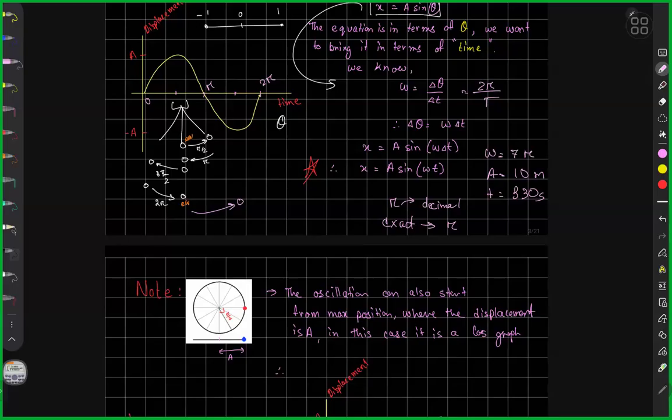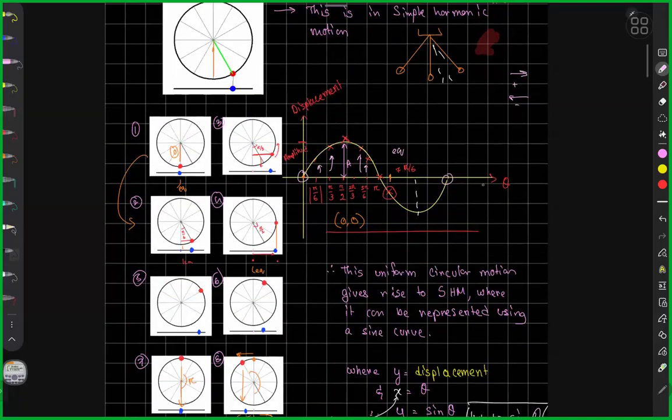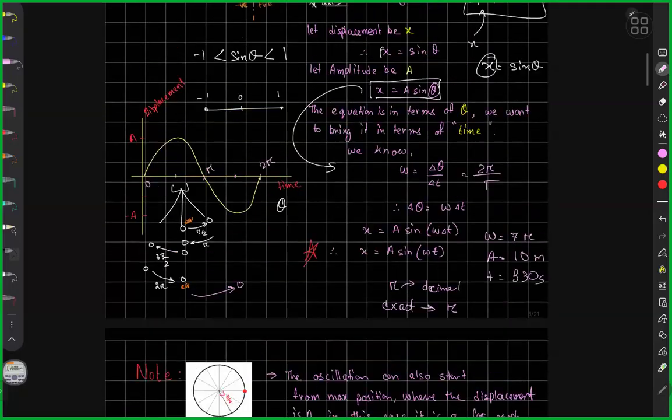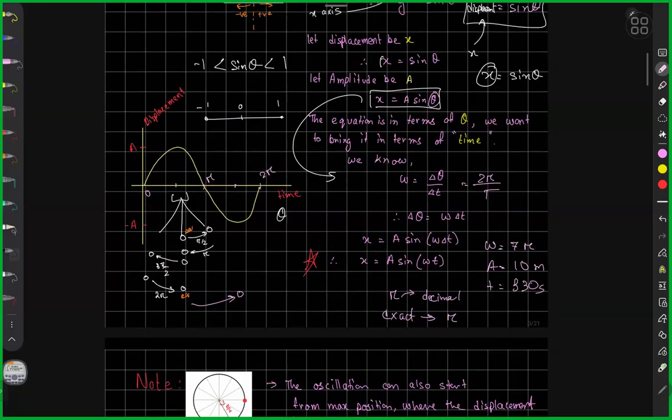That is how, with respect to your theta, you can find the displacement. That is what we found out over here. And now we did a bit of further understanding as well, where we understood I can relate theta to time as well.